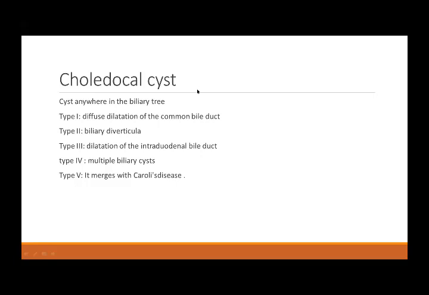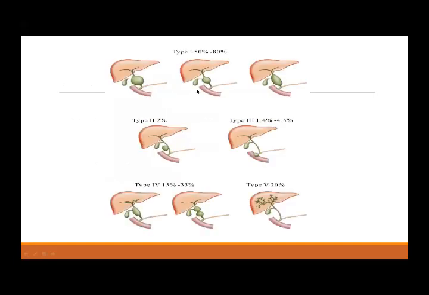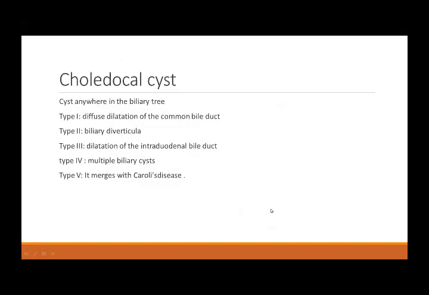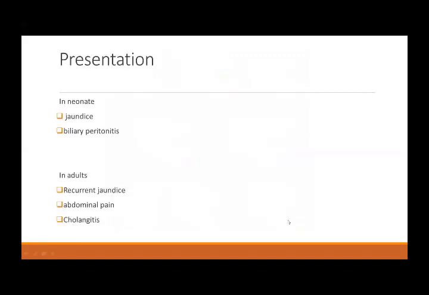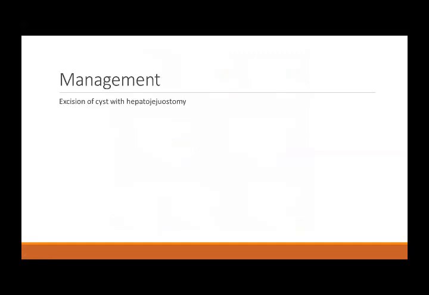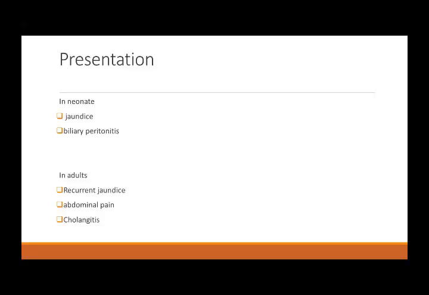There are 5 types, and the fifth one can merge into Caroli's disease. It's a neonatal presentation with jaundice and biliary peritonitis. Treatment is excision of the cyst.